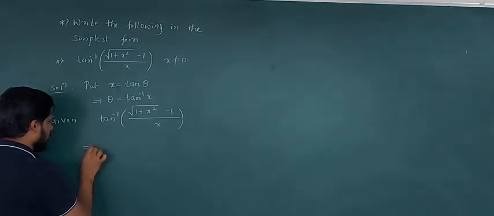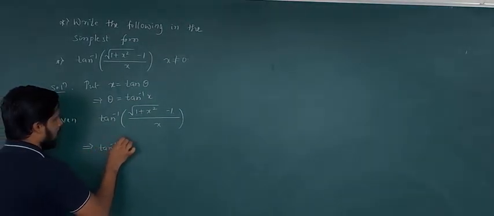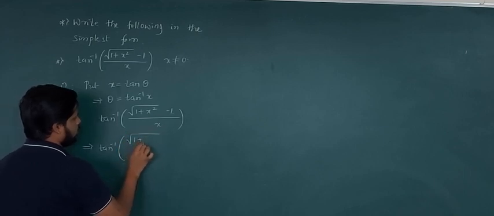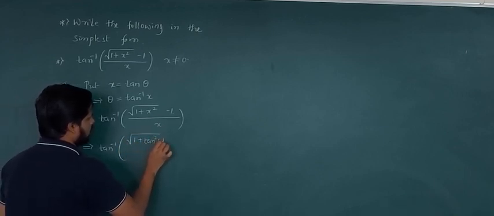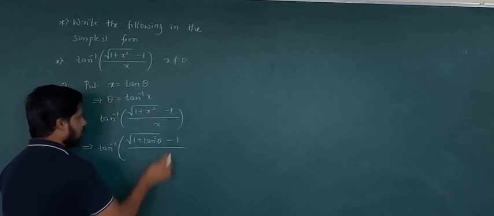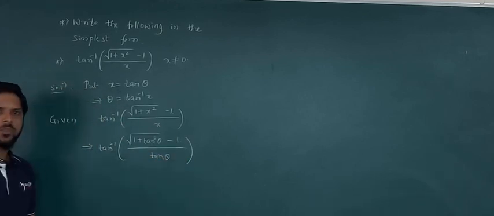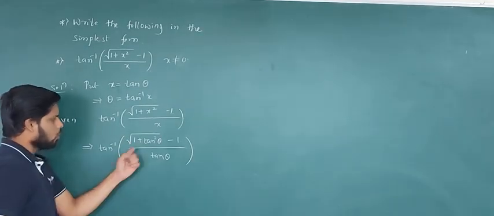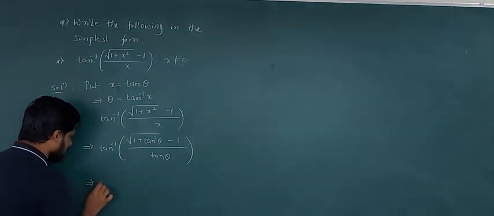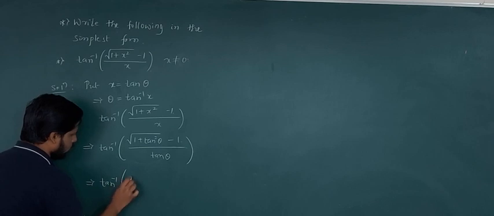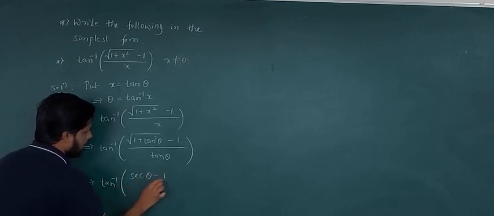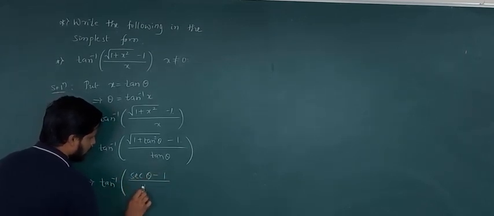So this implies tan inverse of square root of 1 plus tan square theta minus 1, divided by tan theta. So we know that square root of 1 plus tan square theta is nothing but sec theta. That is tan inverse of sec theta minus 1 divided by tan theta.